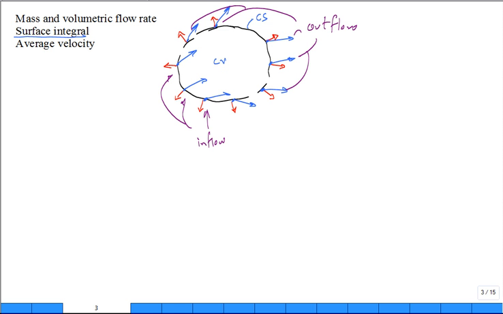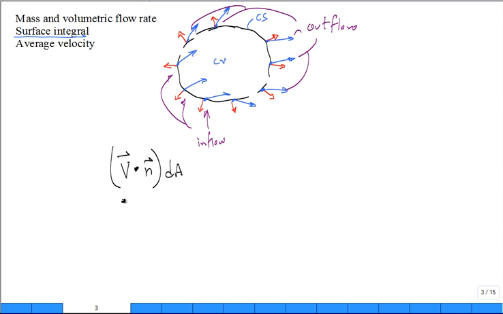You want to calculate the mass flow rate or the volume flow rate across a surface. It's a surface integral. And you compute the velocity at that surface, dot it with the outward directed normal vector at that surface. That gives me, if it's positive, it's an outflow. If it's zero, there's no flow across it. That dot product is zero. If it's negative, it's inflow. Multiply that by the area, dA.